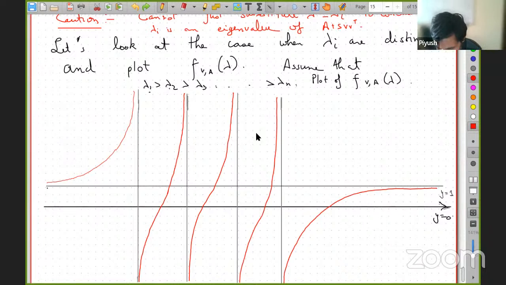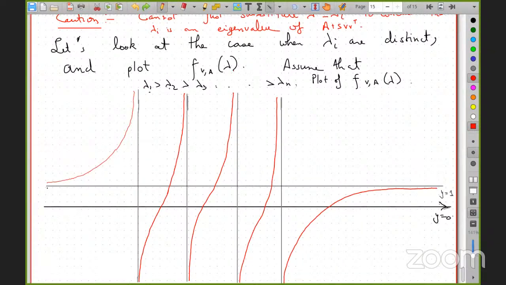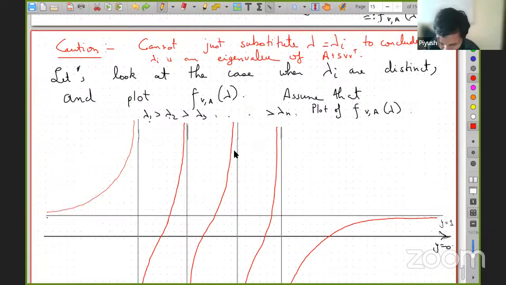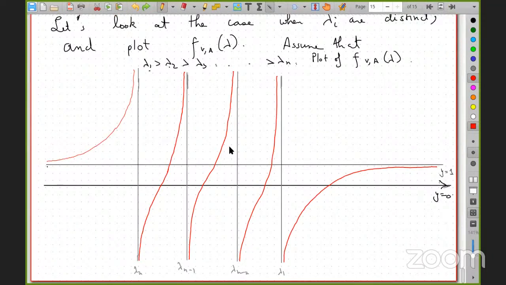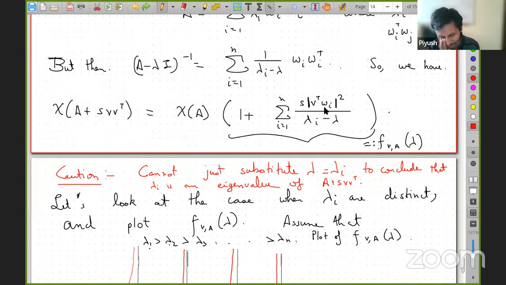But it's good to see this different proof, and it also tells you that, because the function is increasing, you can hope to use this as a numerical method for finding the eigenvalues, with a binary search between two consecutive poles. Yes, that is possible. You can also use it theoretically, taking the value of this function as a potential function to see how far you are from a root.